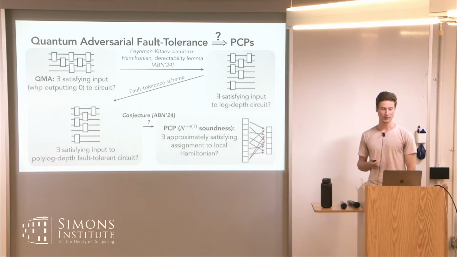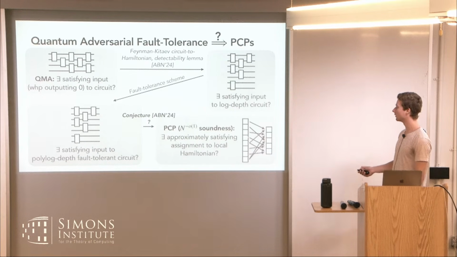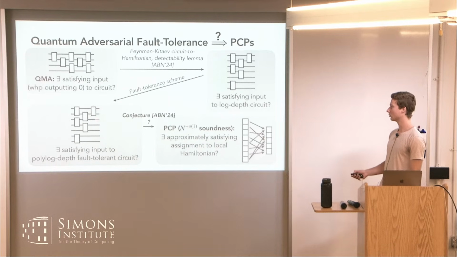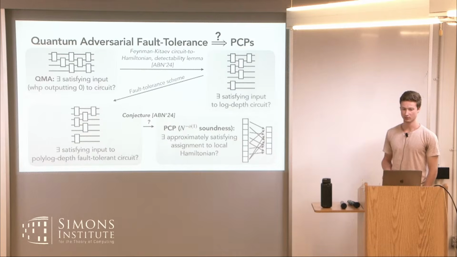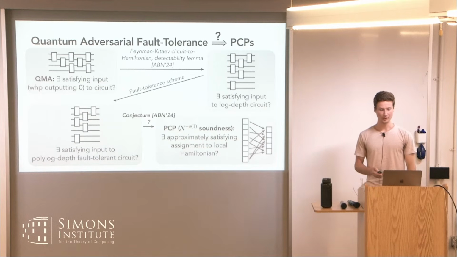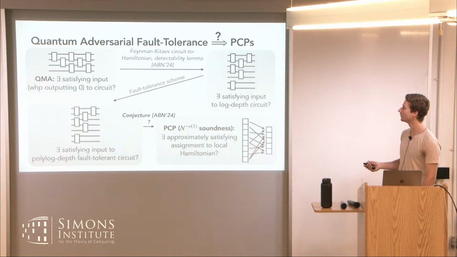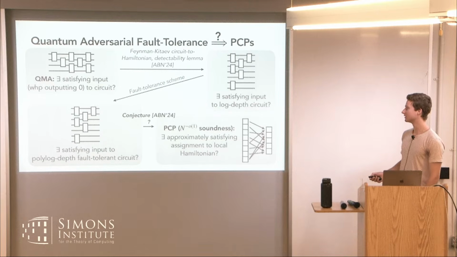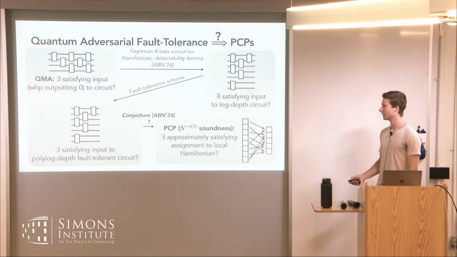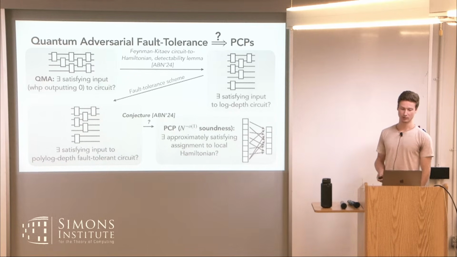But it's still an open question to prove the soundness, to prove that all the low energy states of this Hamiltonian truly encode bounded error executions of this circuit. I should say that the known circuit-to-Hamiltonian mappings, like the standard Feynman-Kitaev one, which we used up here, are known not to have this soundness property. There exist low energy states of the Feynman-Kitaev Hamiltonian that don't correspond to low error executions of the circuit.